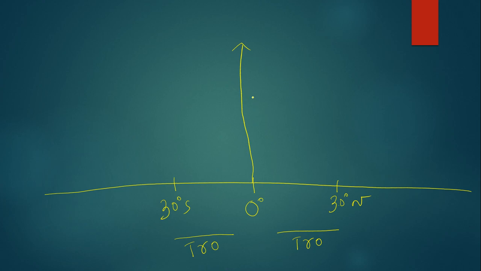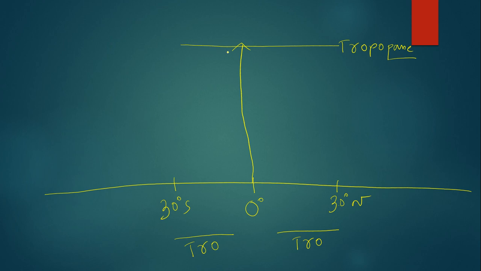Once the air is moving upward, after ascending to a certain height, maybe 10 kilometers, maybe 12 kilometers, maybe 15 kilometers, it will be obstructed by the tropopause. The tropopause is the last layer of the troposphere, and it makes the boundary between the troposphere and the stratosphere.